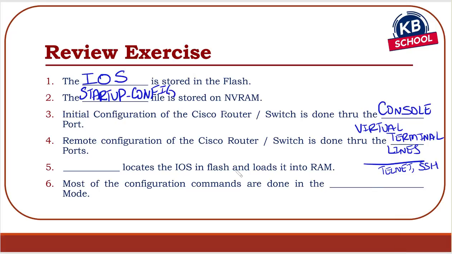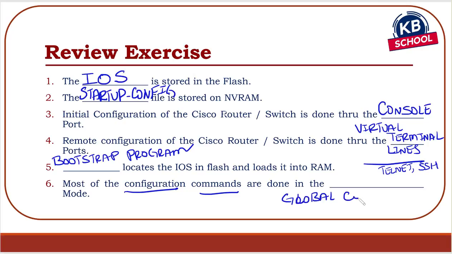Dash locates the IOS in Flash and loads it into RAM. That is the bootstrap program. This is from that section that we talked about, the boot up sequence. Most of the configuration commands are done in the global configuration mode.